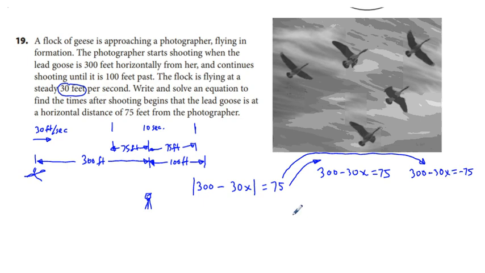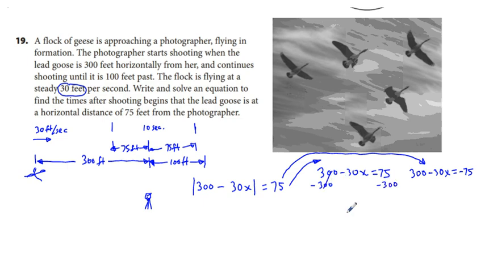So now we can just solve for x. Well, there are different ways to do this. If I want to get x on one side, well, let's do that. Since we have x on the left side, we're just going to leave x on the left side and subtract 300 from both sides.